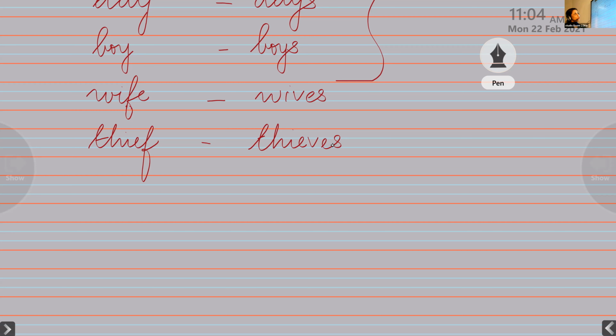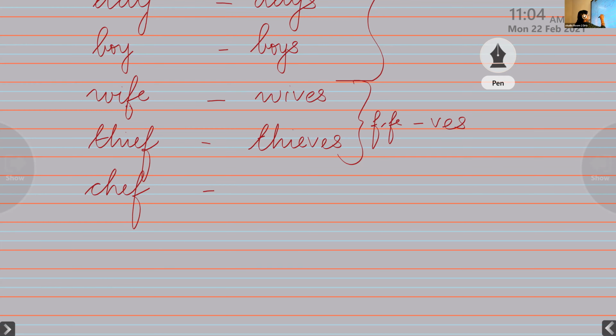But not all the words follow the rule. There are 3 more words that we have learned. So this is changing F or FE into VES, but not all the words follow the rule. There are certain words that end with F, but we do not follow this rule.